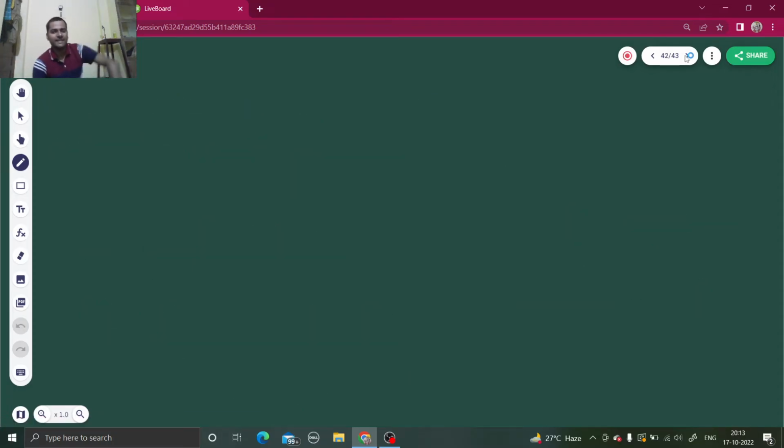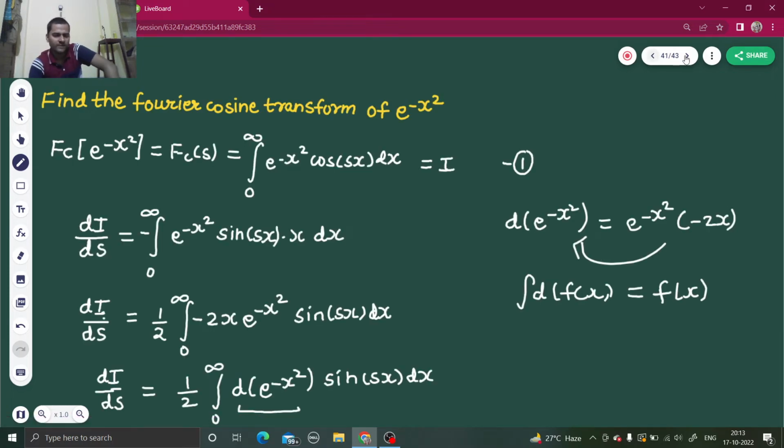So dI by ds will be one by 2. Now I am taking this as the first function, this as the second function, or the opposite, this as the first function because I want to differentiate that, and this as the second.